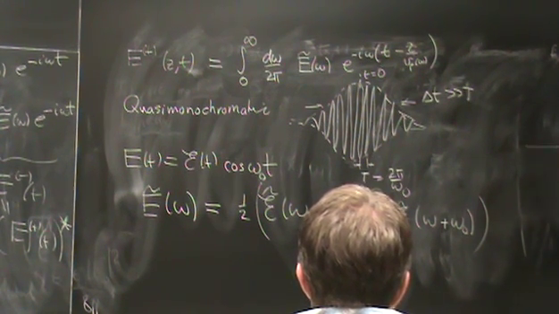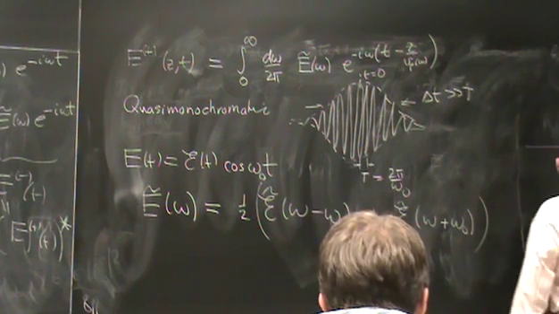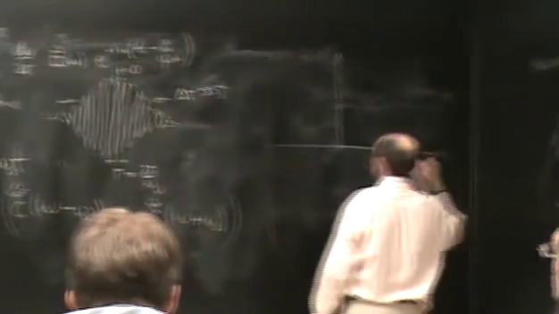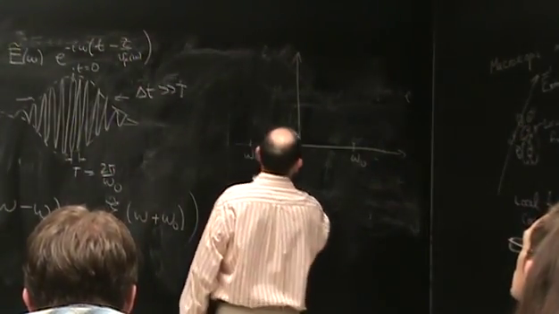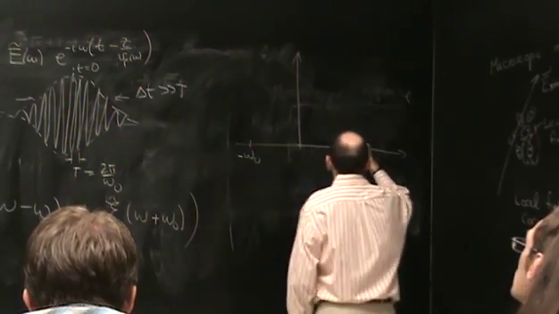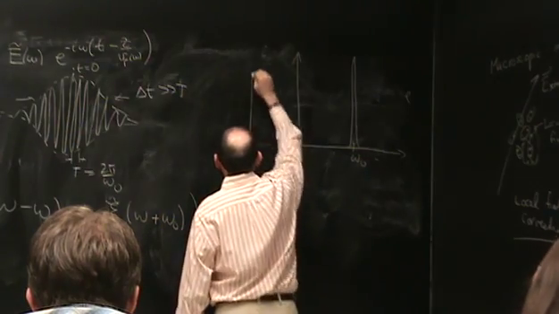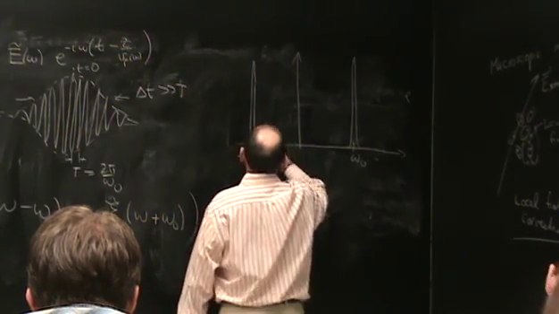So if I were to sketch this Fourier transform, it would have one peak centered at positive frequency omega naught and one peak centered at minus omega naught, with a width which is narrow compared to omega naught under the assumption of monochromaticity.